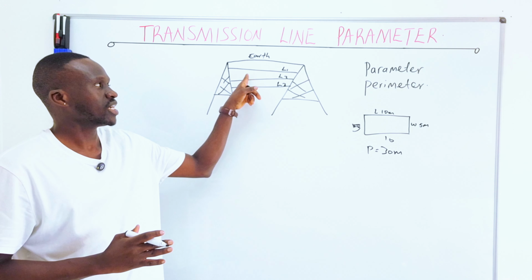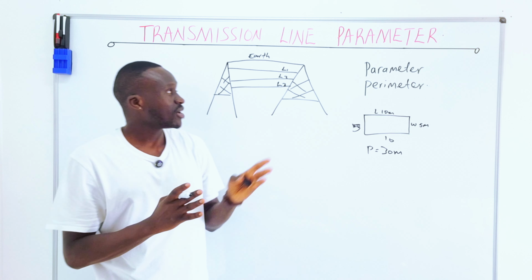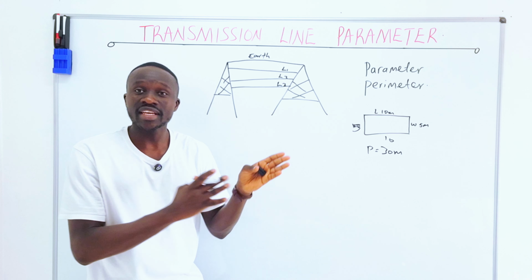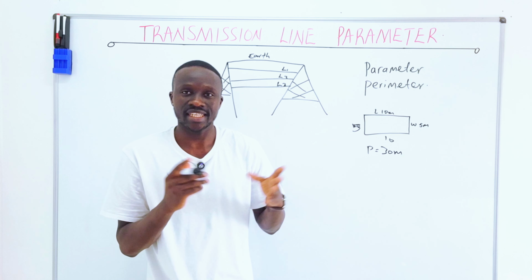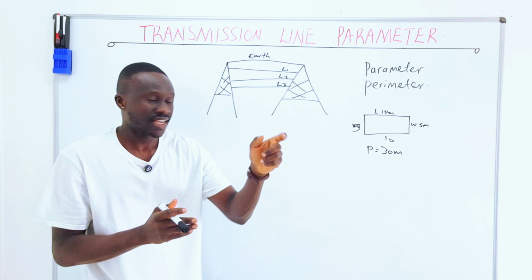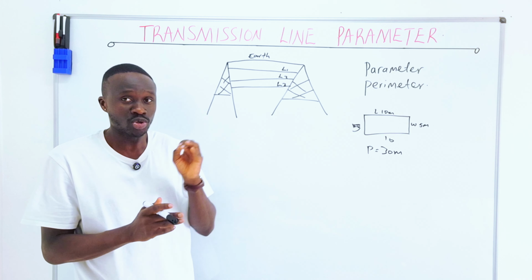Now we are going to talk about these conductors, which are not only transferring electricity from one place to another. These conductors have electrical characteristics inside them, which we want to look at.